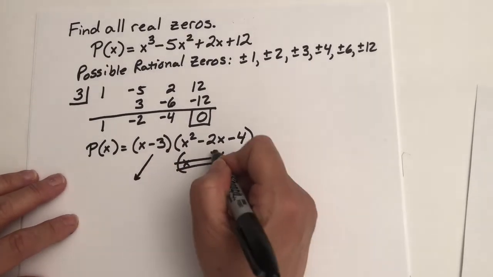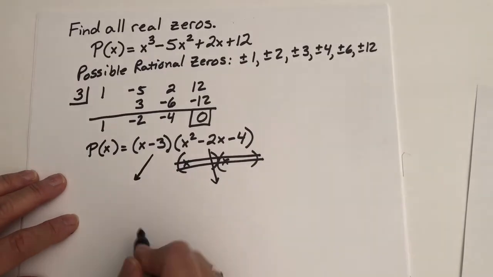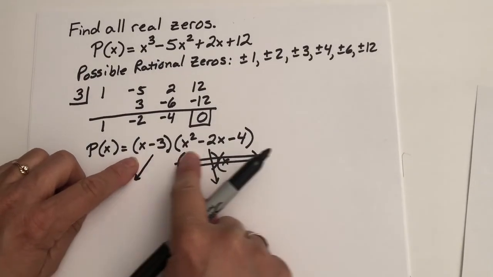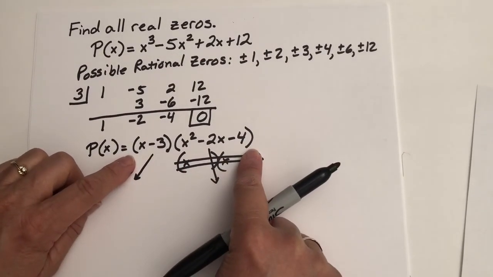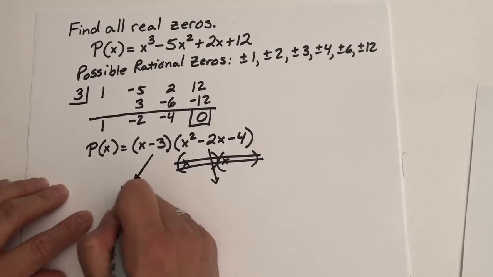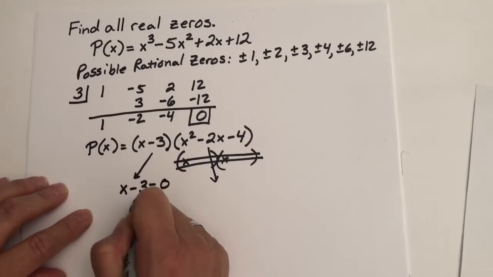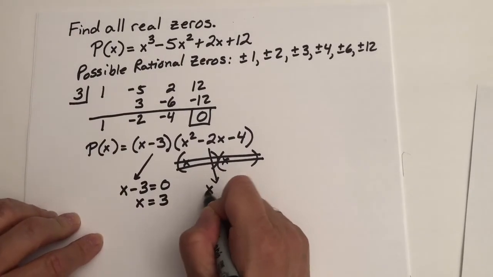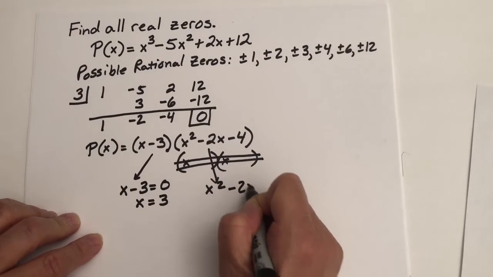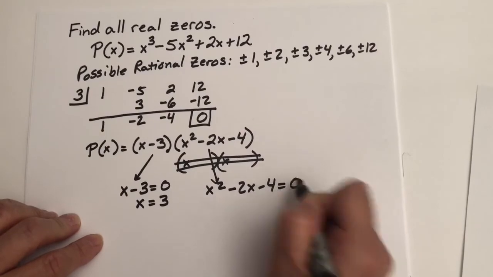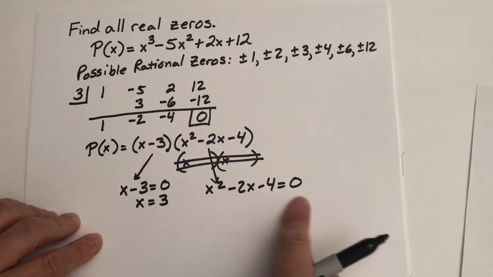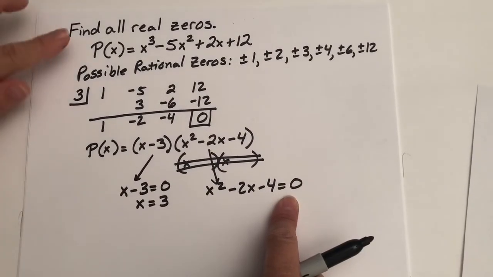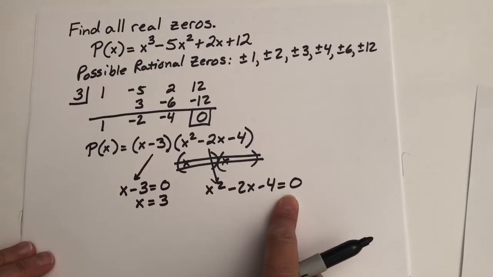So once we get here, we set each factor equal to 0. Once you have factored all you can with respect to the integers, you set each factor equal to 0. Well, that's the 3 we already had. But on this one, x squared minus 2x minus 4 equals 0.